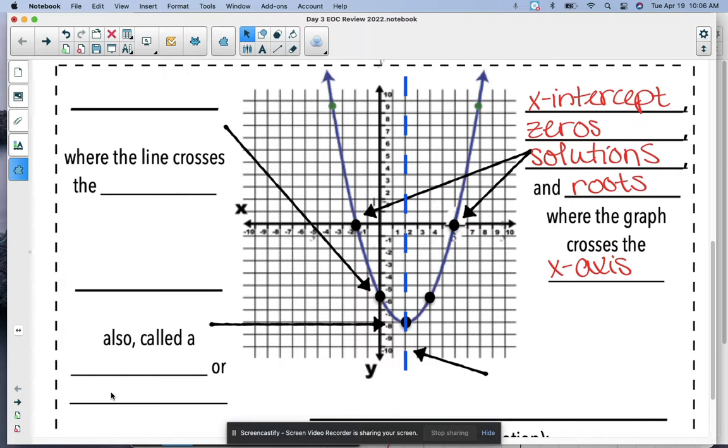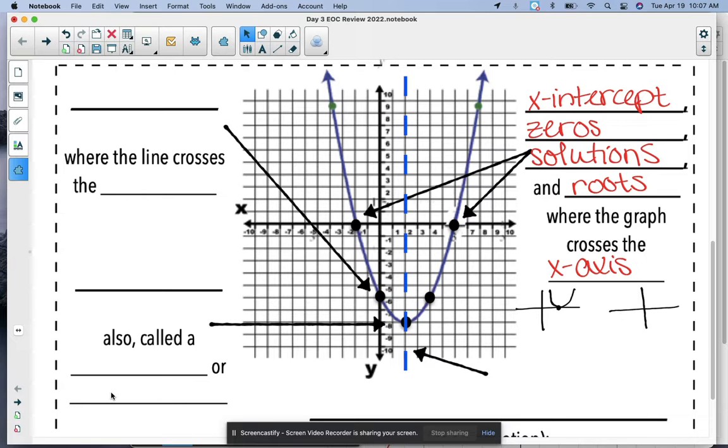So keep in mind that whenever we are looking for our x-intercept, our zeros, solutions, and roots, I can have 2 solutions, which is what we see here. I can have 1 solution, so that's where I draw a graph. That's where my graph only crosses or touches at 1 point.